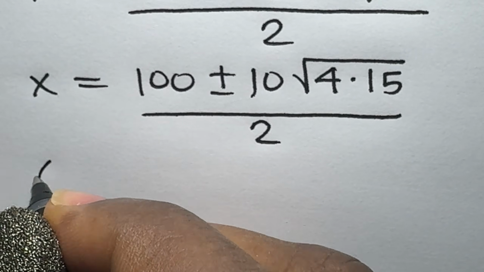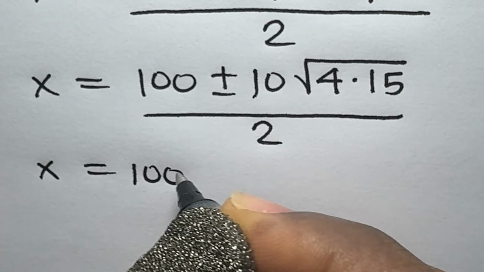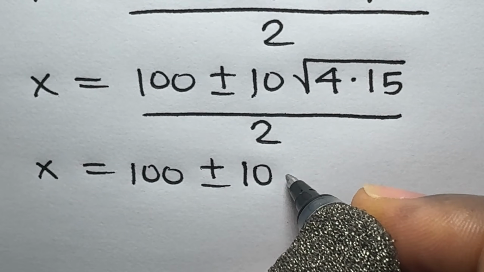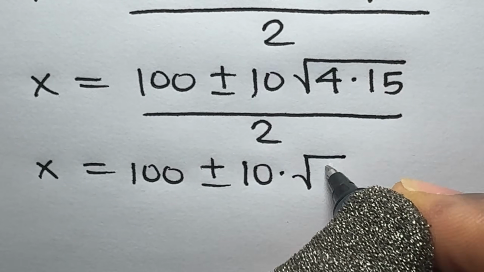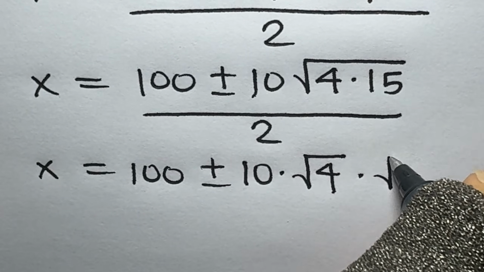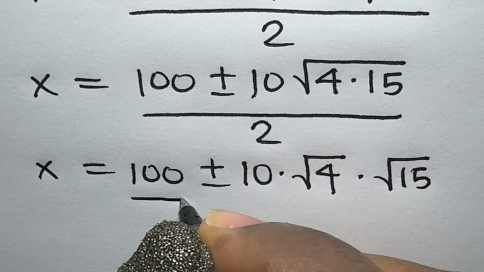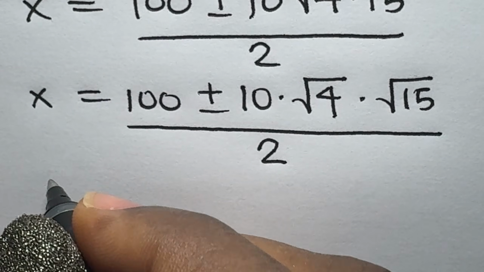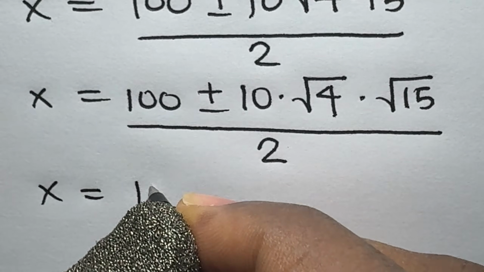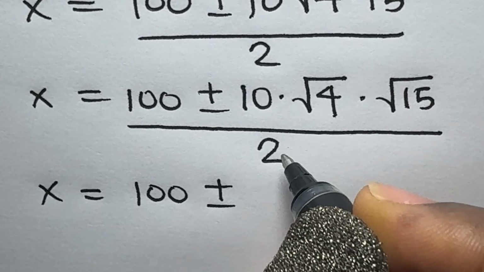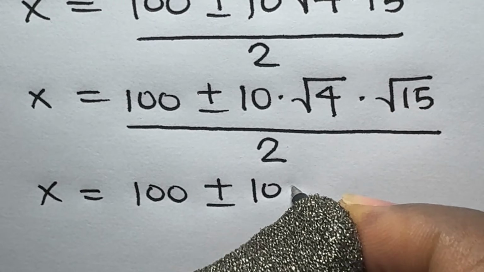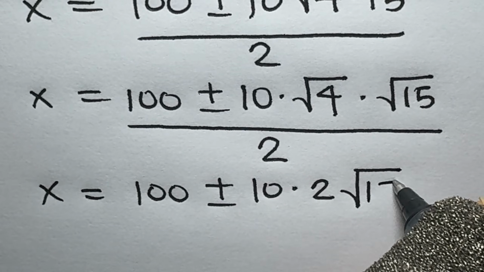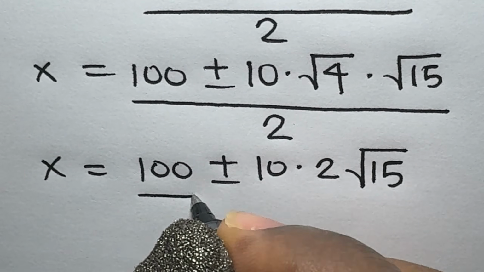which we can also separate again into 100 plus or minus 10 square root of 4 times square root of 15, then divided by 2, which will now give us x is equal to 100 plus or minus 10 times square root of 4 is 2, then root 15 divided by 2.